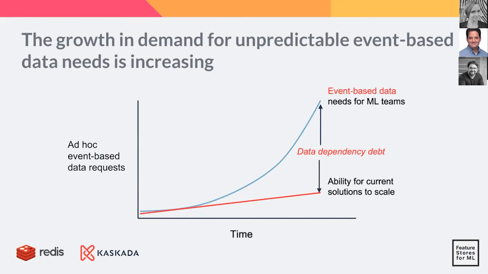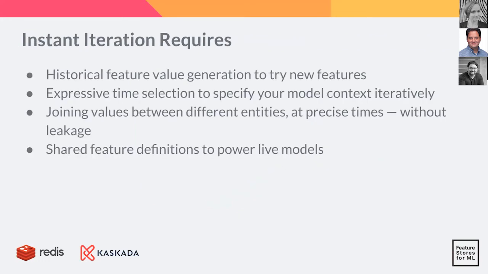We need to be able to define experiments and see whether they're good or bad, iteratively, in a self-serving way. And that is the organizational key to success. So something needs to change.